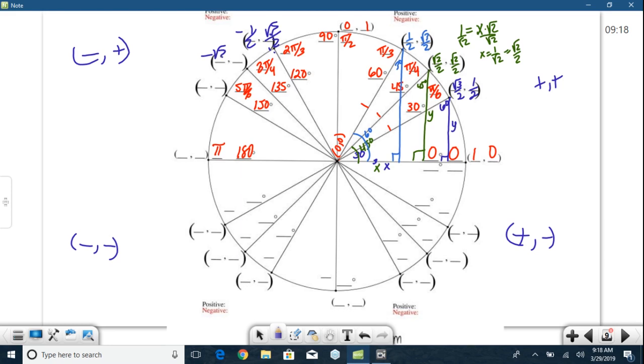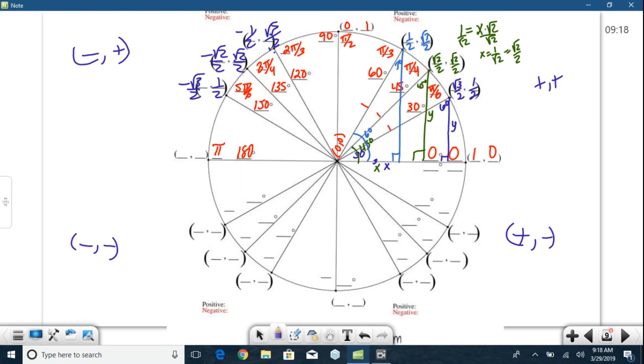This one, and straight across, because what I'm doing is I'm literally going straight across and changing the signs.